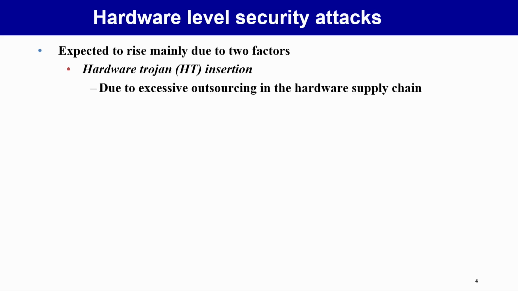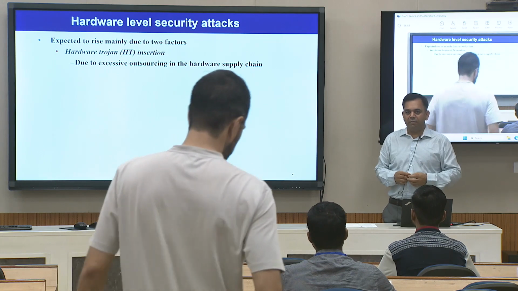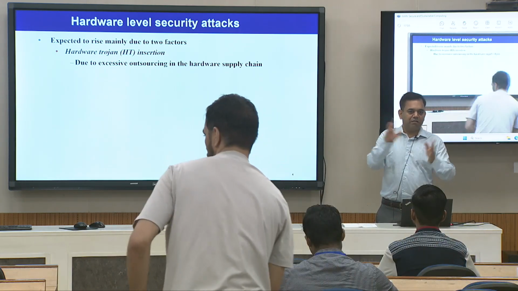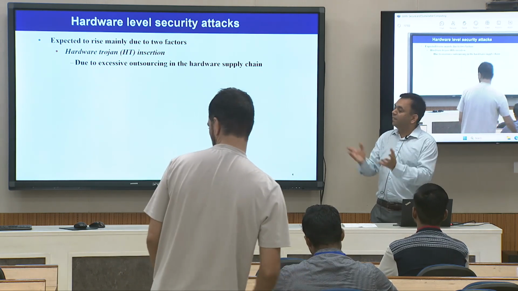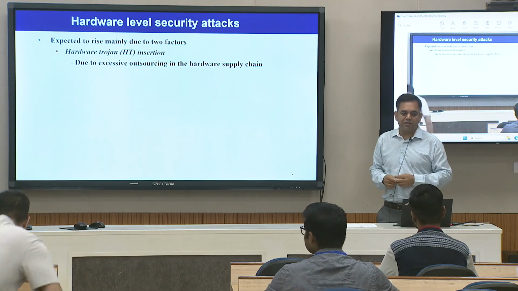The main reason, as you can guess, is excessive outsourcing in the hardware supply chain. Not everything is done in one place. There are so many things manufactured at different places, like CPU, GPU, memory, all by different companies, and then it all goes into one system. If everything is in one place, it's much better.